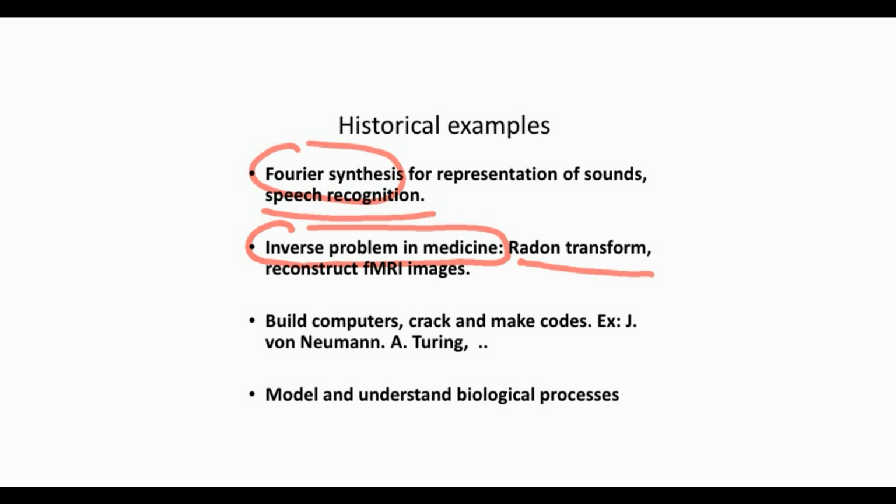Another direction is, of course, how to build computers, to crack codes and to make codes. And the best examples, I think, in history were John von Neumann and Alan Turing. And to continue with Alan Turing, this is also a beautiful example of how applied mathematics can be used to understand biological processes, referring to his 1952 paper about morphogens and predicting that molecules can go from one cell to another to spread some signal.